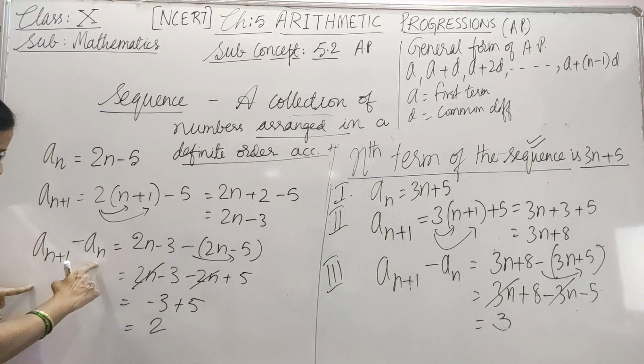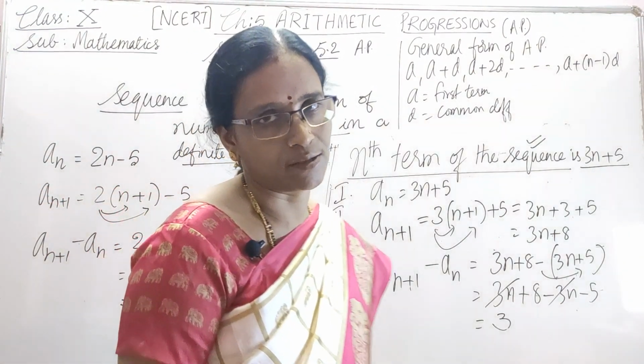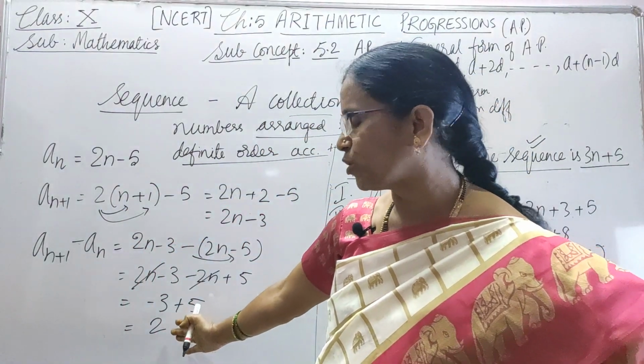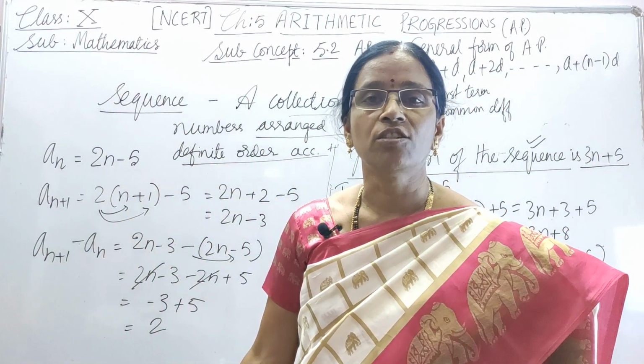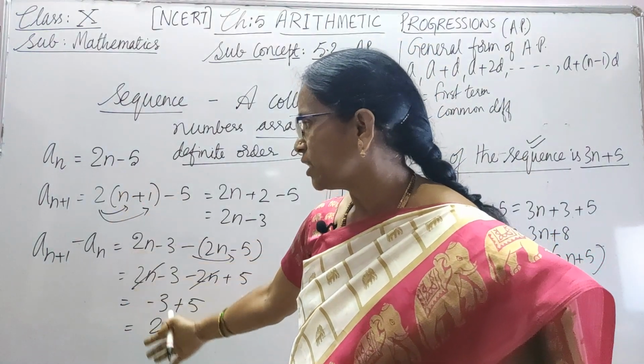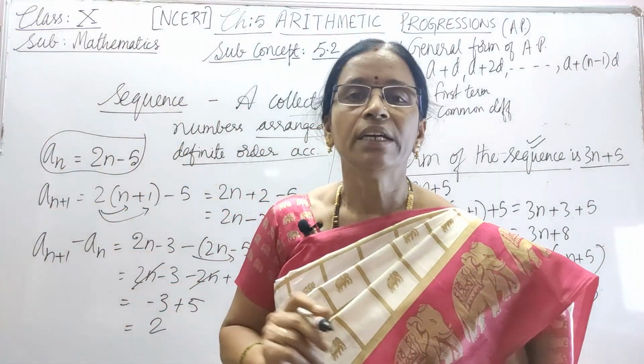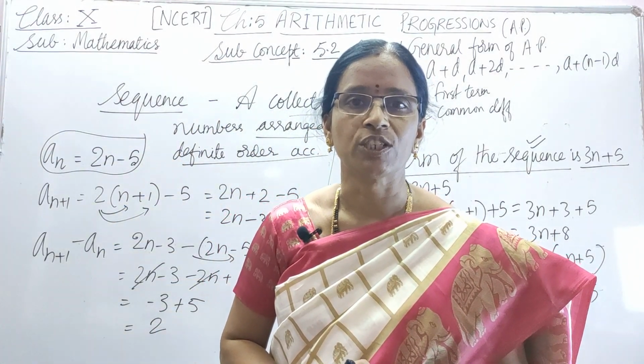So an plus 1 minus an is independent of n. It is independent of n means what? It is a constant. It does not contain any term which contains n. Therefore, the given sequence an is equal to 2n minus 5 is an arithmetic progression.